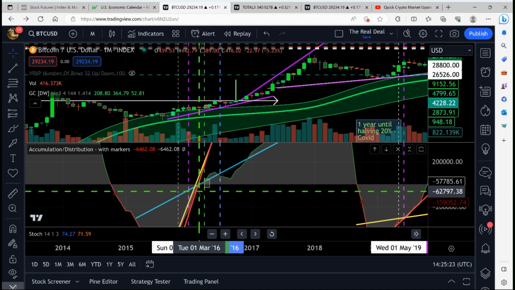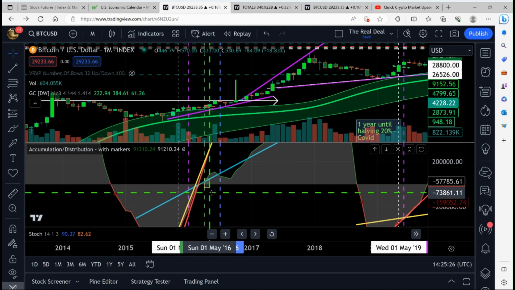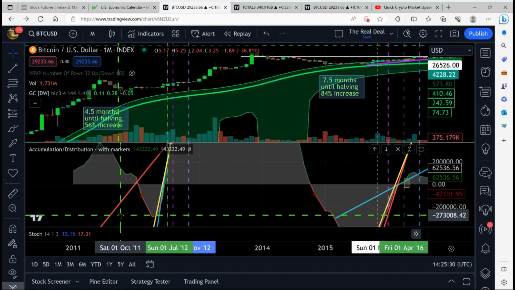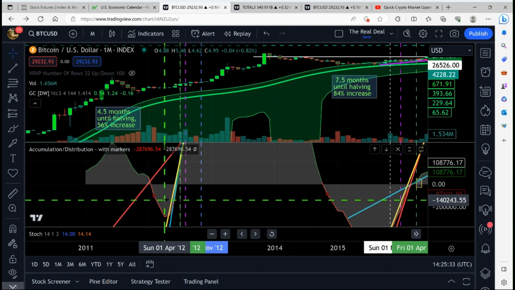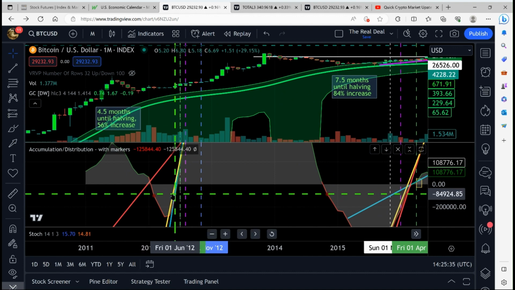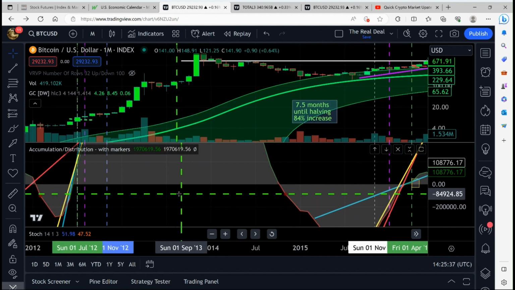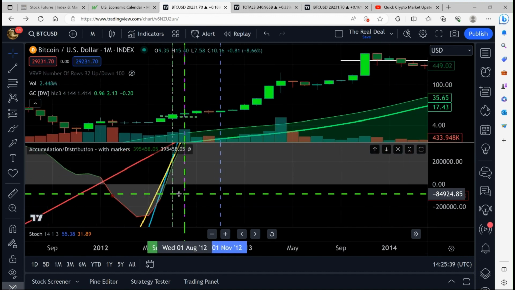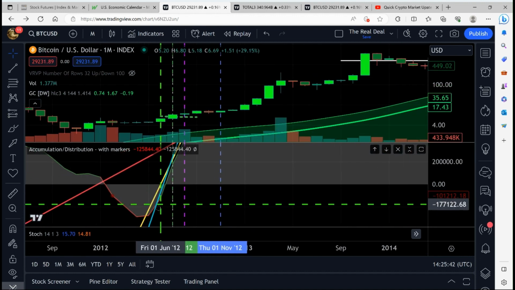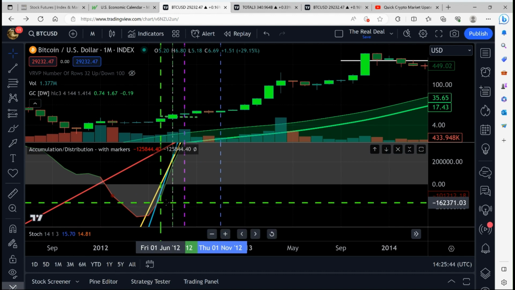You can see here, this is March, we were below, and then in April, we crossed above. Same here. In June, we were below, and in July, we crossed above.